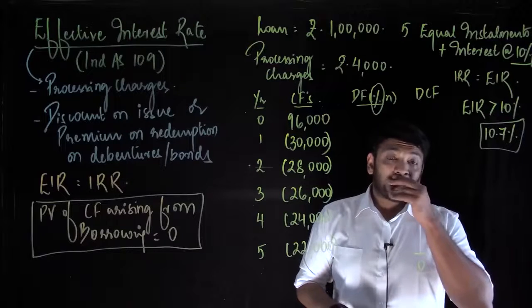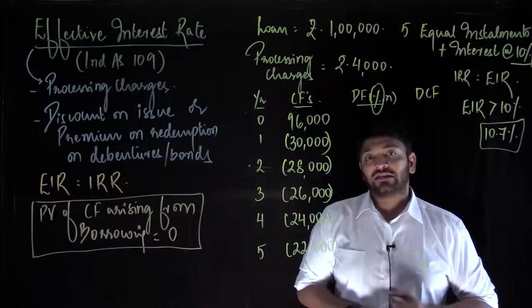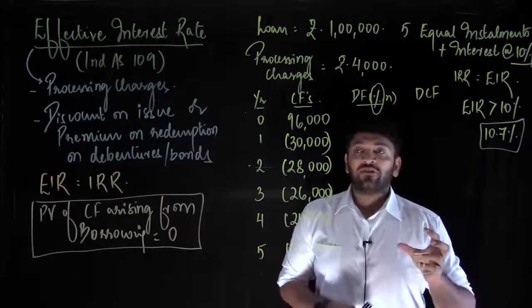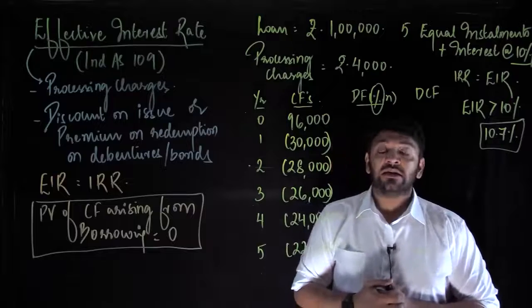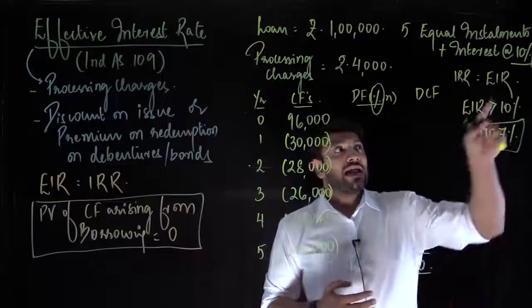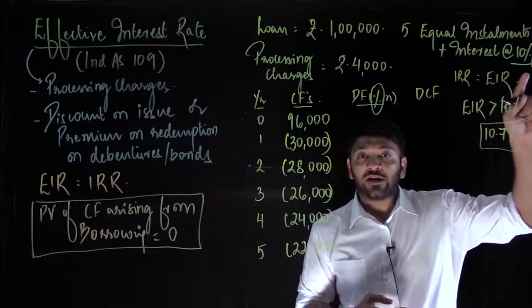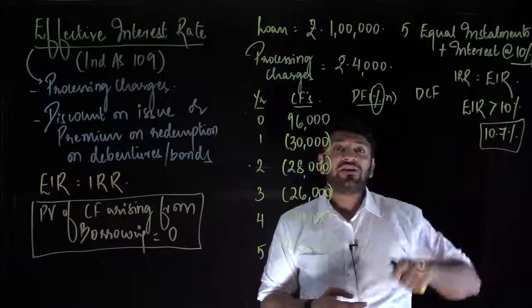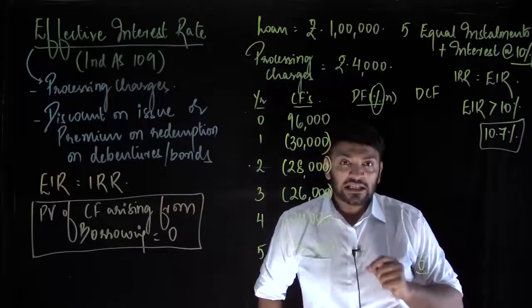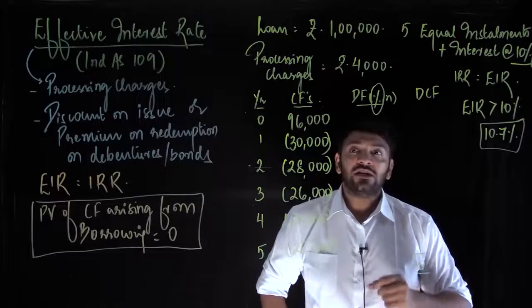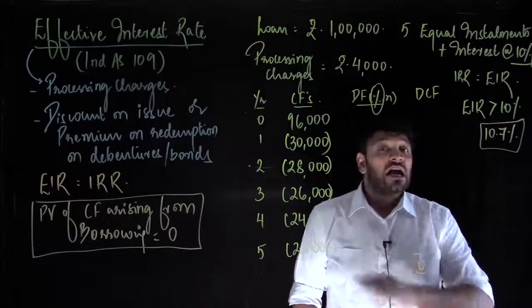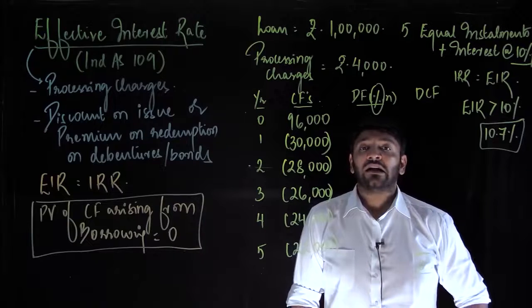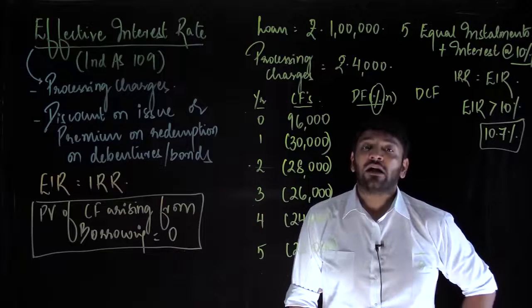This is how we are trying to understand what an effective interest rate is. This effective interest rate has to be incorporated as far as your Ind AS 23 is concerned, because it is not the 10% which we're going to consider as borrowing cost. We are considering 10.7 as the borrowing cost. By considering 10.7, this 4,000 rupees which were charged initially as processing charges, I am not considering as an expense in 1 year itself.